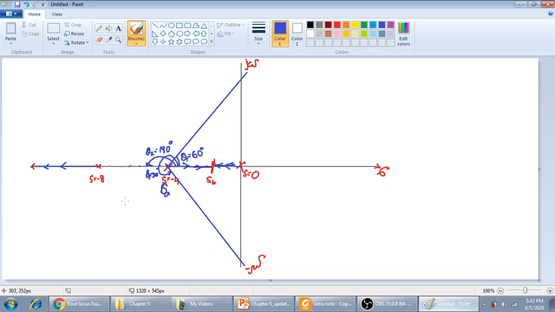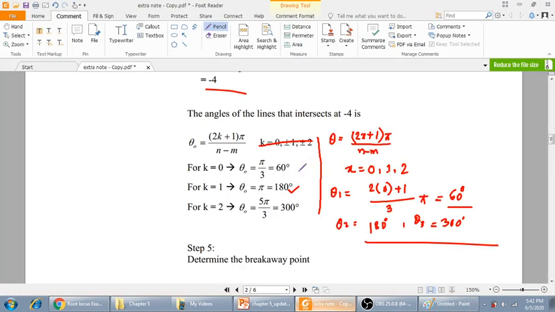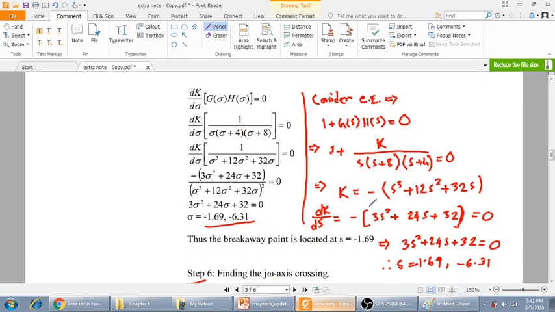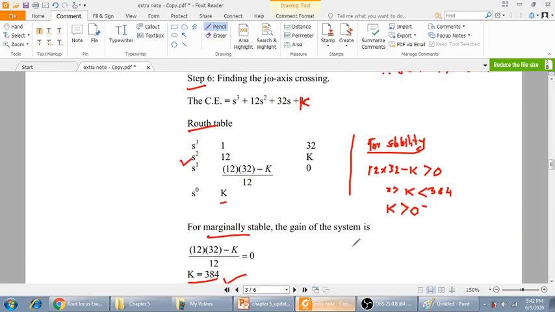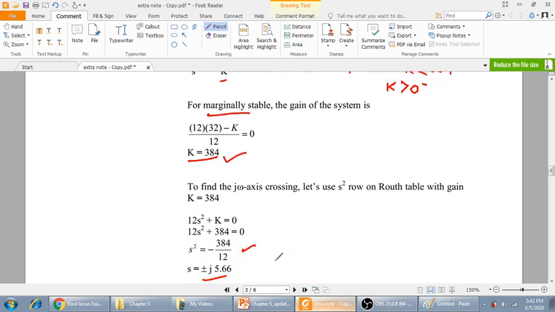Now we have the 2 points on the j omega axis. That one we just calculated, from the last one. The breakaway point is already done. This is the finding of the j omega axis crossing. So we got 2 points, right?